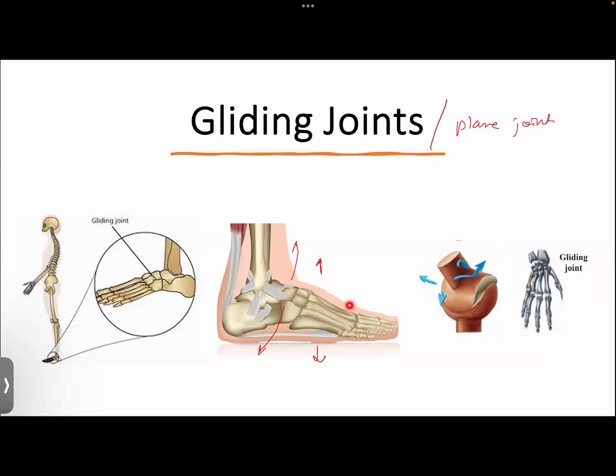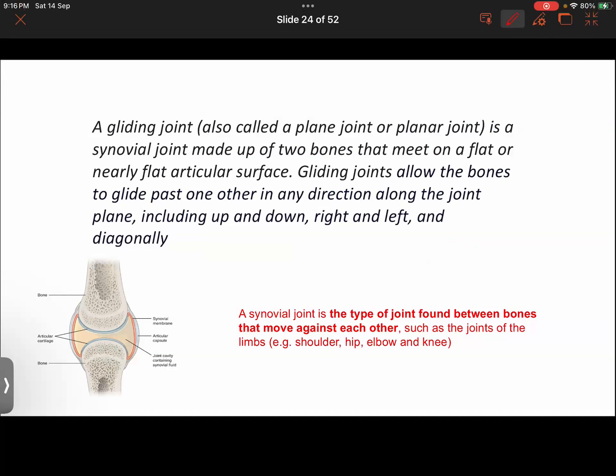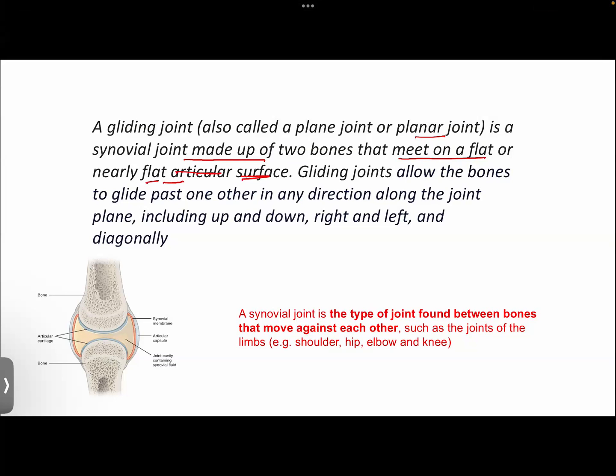They are joints made up of two bones that meet on a particular flat surface, and allow them to glide past one another, sideways and in up and down movement. The gliding joint, also called a plane joint or planar joint, is made up of two bones that meet on a flat or nearly flat surface.